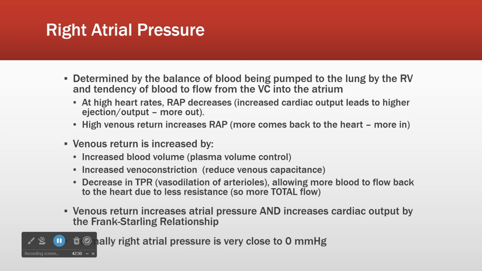Now, I do want to point out that venous return has a relationship with the Frank-Starling relationship. Increasing venous return is essentially increasing the amount of blood that's returning to the heart. Well, I said the other day that when the heart gets more to do, it does that work better, right?